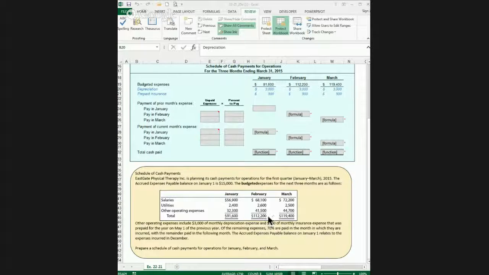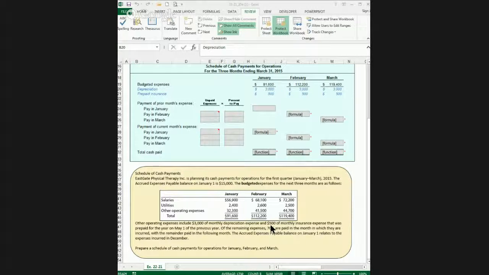For February, that similar total is $112,200. And for March, the total is $119,400 as the budgeted amount of expenses. Now, within these expenses would be some non-cash expenses, specifically depreciation of $3,000 and $500 a month of prepaid insurance.